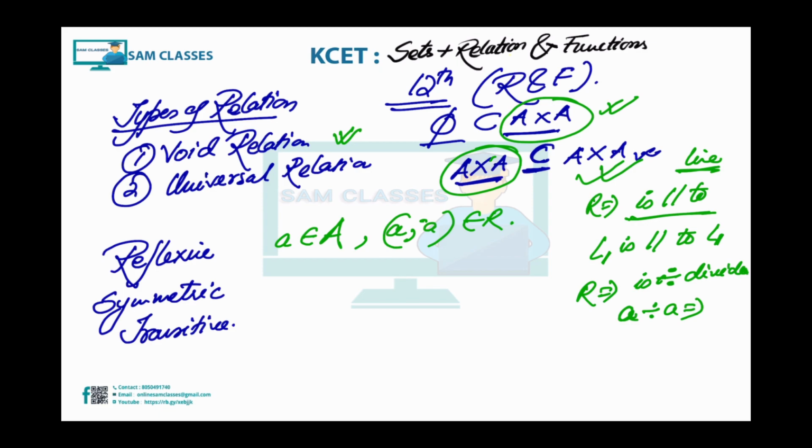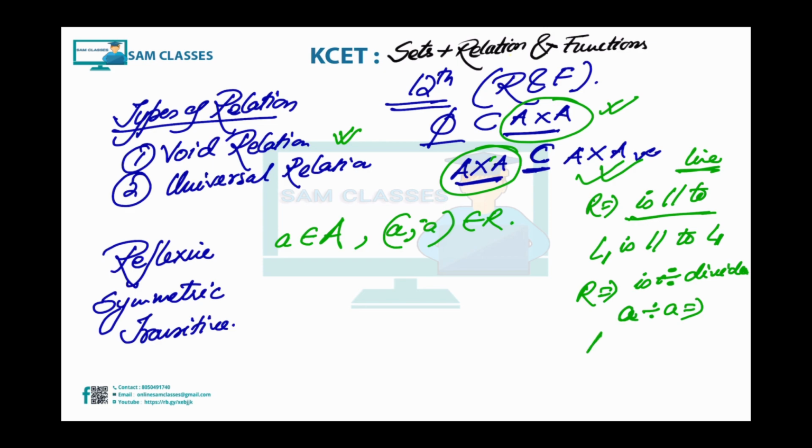If you understand reflexive, a reflexive relation is basically if (A, A) belongs to R for every A belongs to A. So let's see a very simple relation we'll be able to understand, or we can take a relation is congruent to.